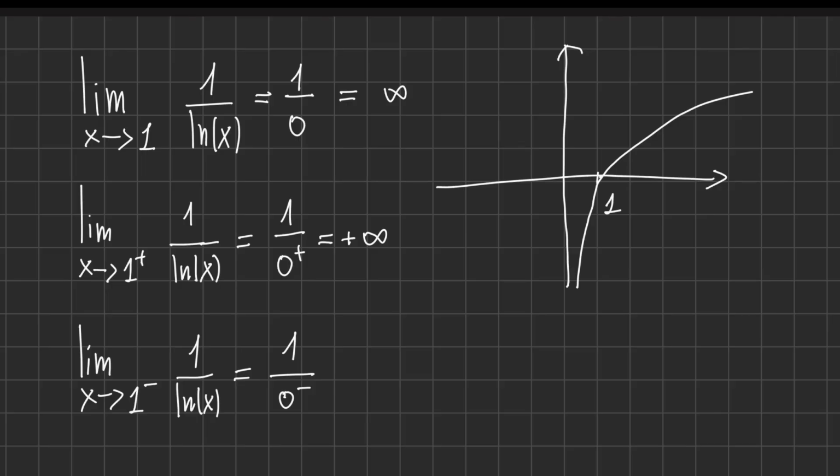And now we have a positive number divided by a negative number, which means that we get a minus sign. And now since it's 1 divided by 0, we are going to get infinity. So again, as before, this function from the right-hand side goes to plus infinity, from the left-hand side goes to minus infinity.